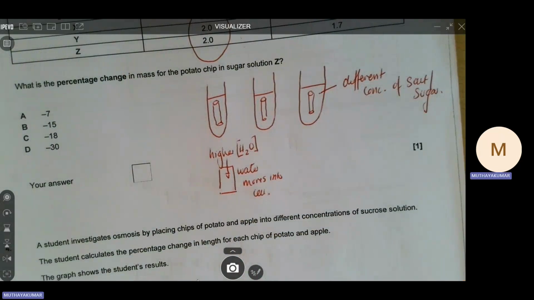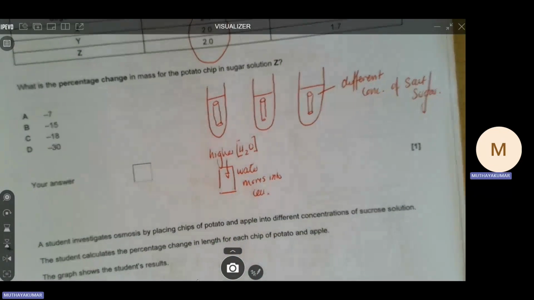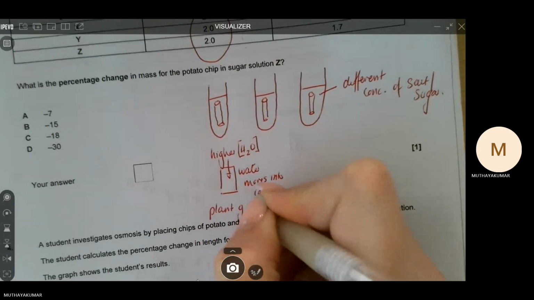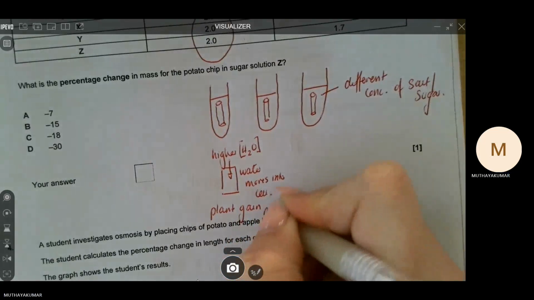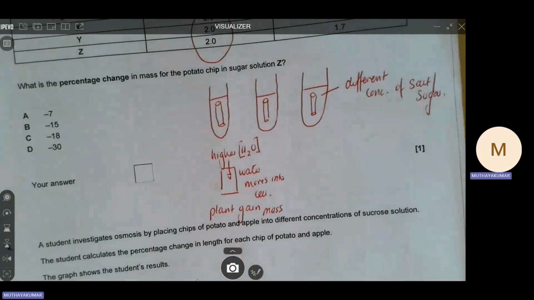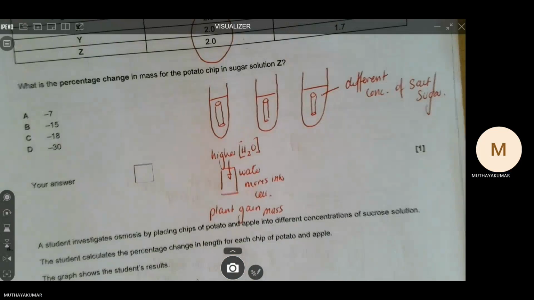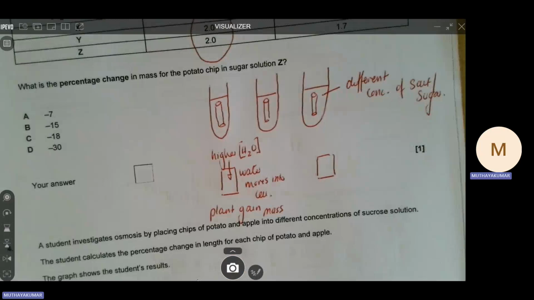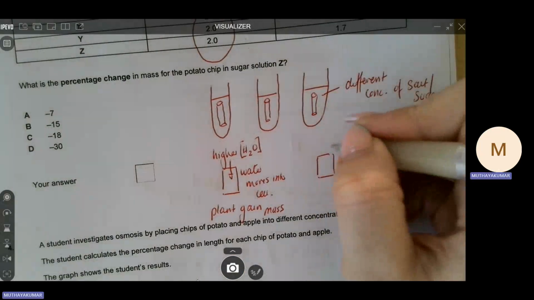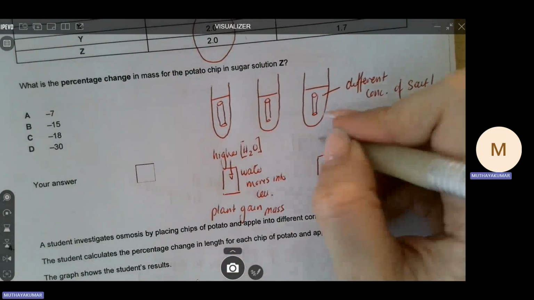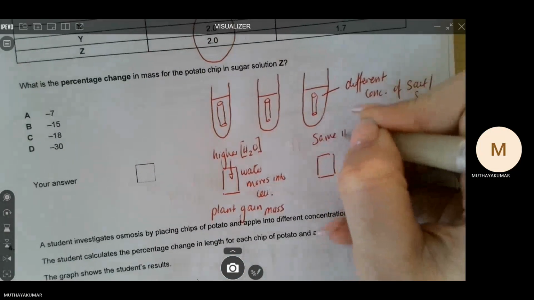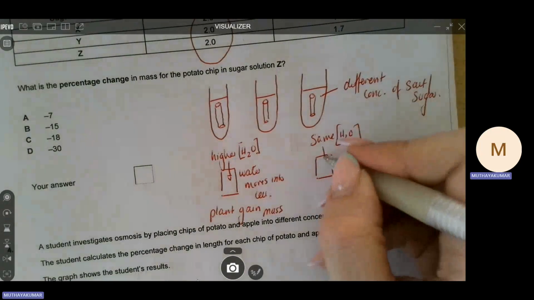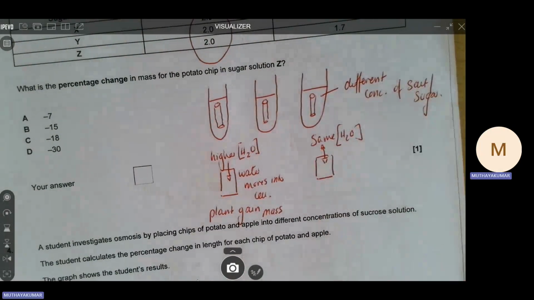All right, and that plant is going to gain mass. So it's going to gain some mass. If I place that sample in a solution with the same concentration of water, I'm going to have equal movement in and out of my plant cells.